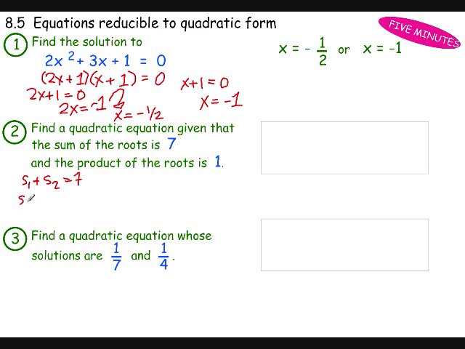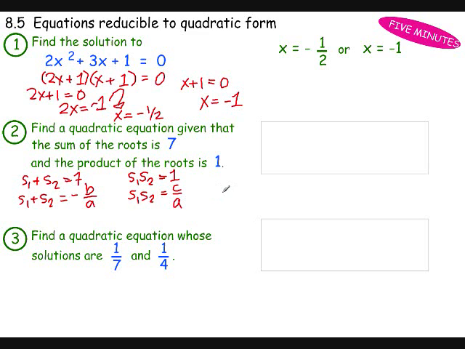The sum of the roots, those 2 solutions added together, equaled negative b over a. Remember that? And then the product of the roots, those 2 solutions multiplied together, equals 1. And we recognized that the product of the roots was also equal to c over a.